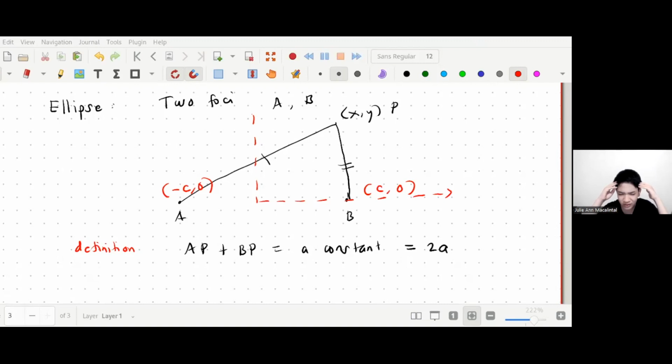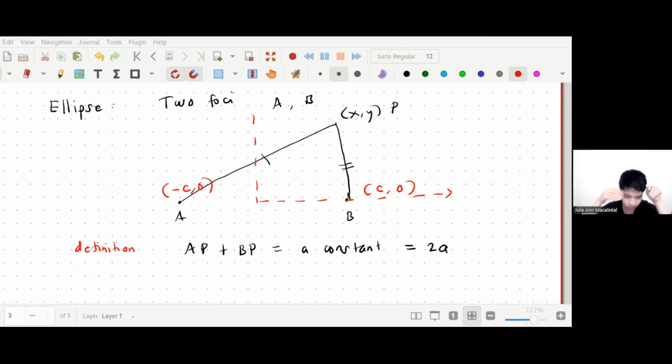Here, the sum of the distances is a constant, which we'll call 2A. And then the foci will have coordinates negative C, 0 and C, 0.